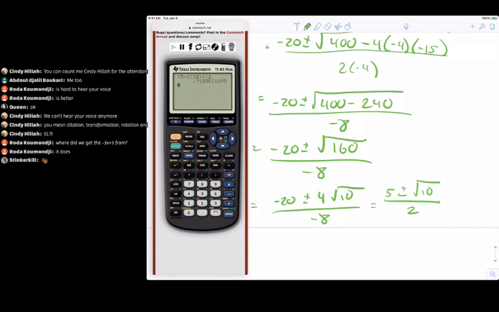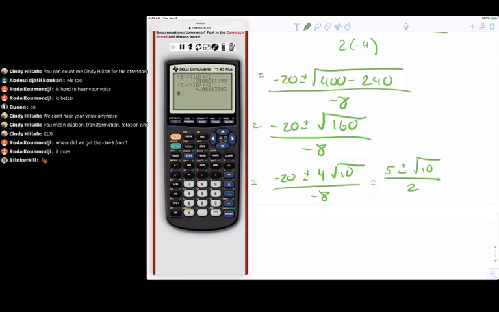And then let's do that same thing, but we're going to say plus. Okay, so these numbers are approximately 0.9189, and then the other one is 4.08114. That's fine, just to get a sense of those decimals.